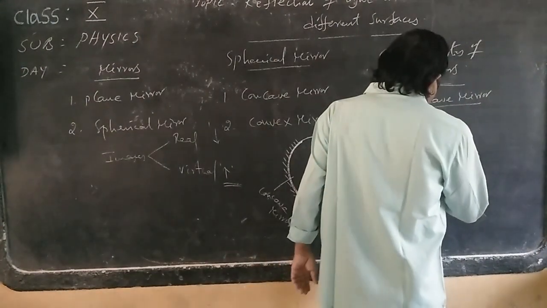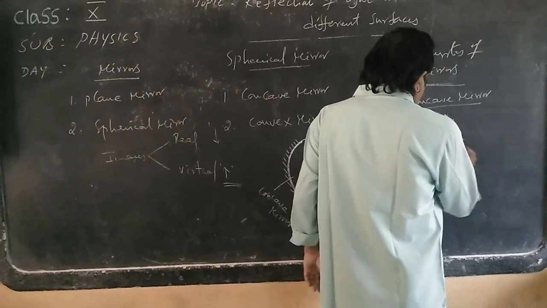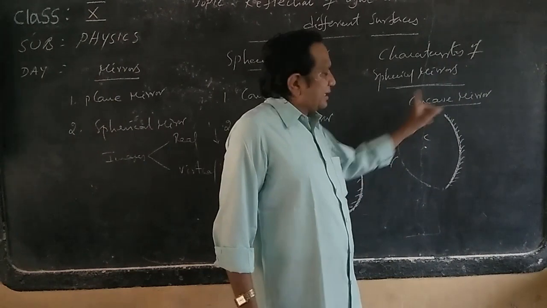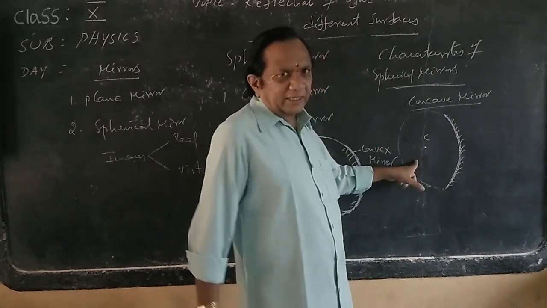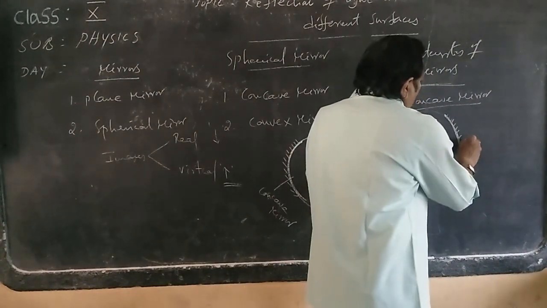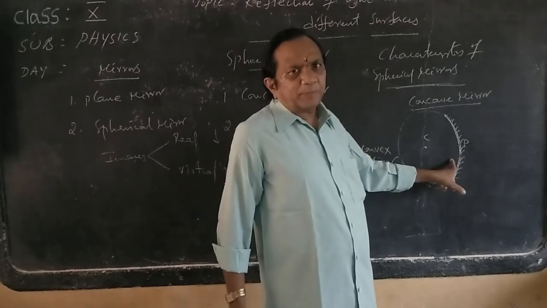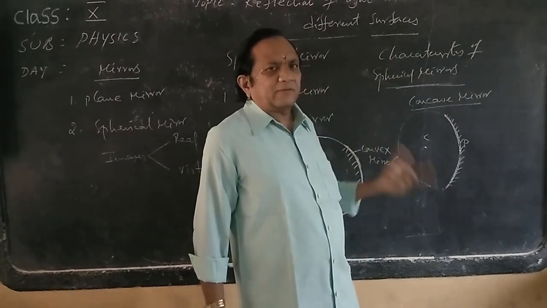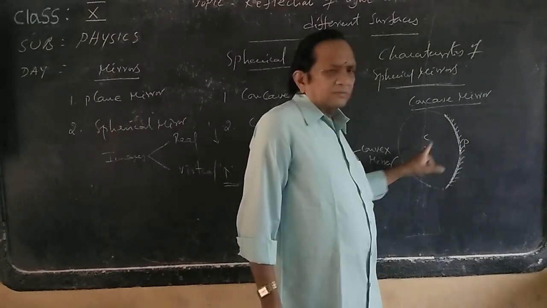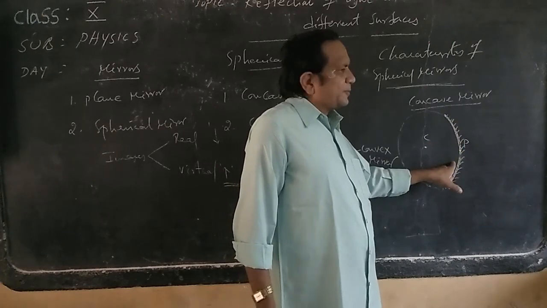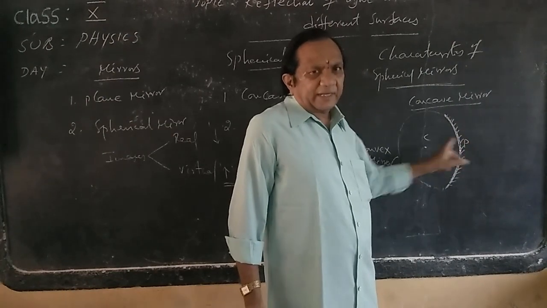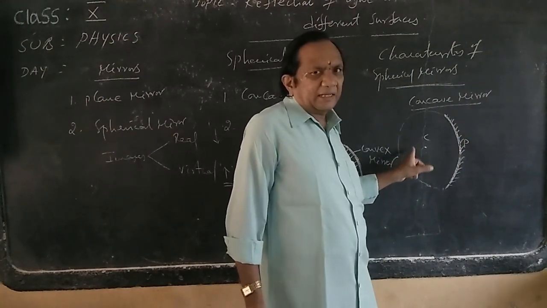The center of the mirror, this one, we call the pole or vertex. Vertex is another word for it. Vertex or pole. So the mirror center is called the pole or vertex, and the center of the sphere is called the center of curvature.